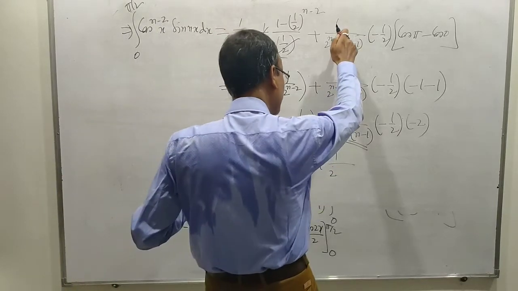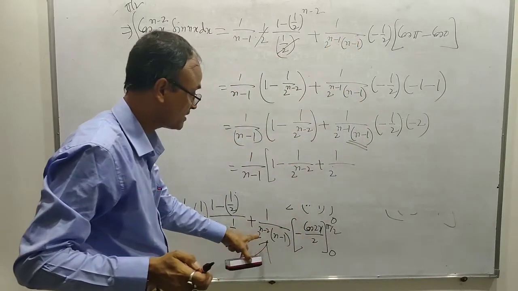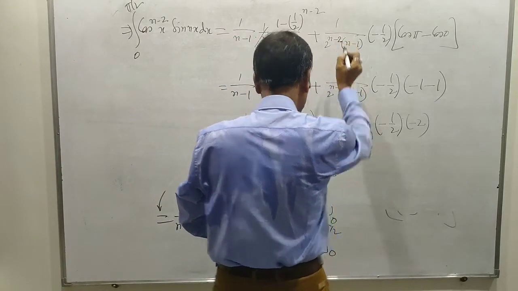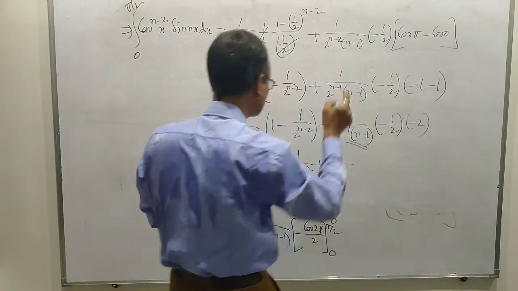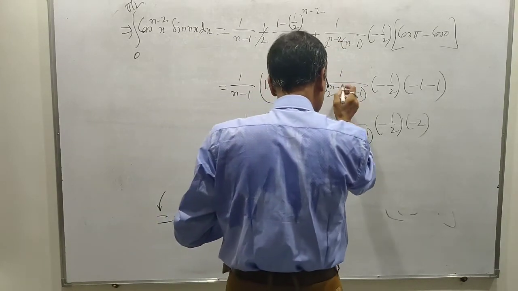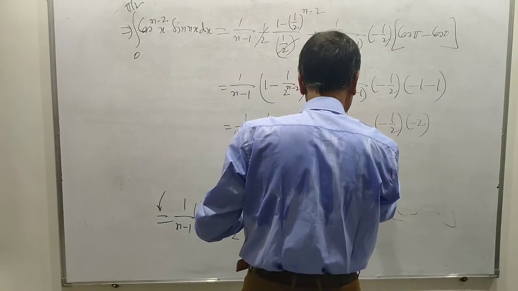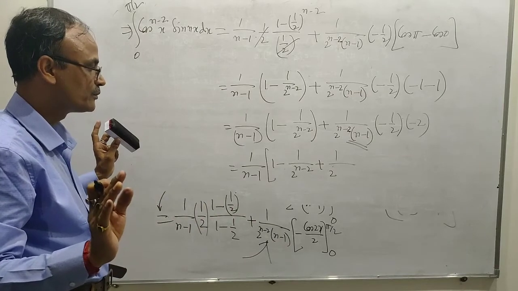But I wrote here 2 to the power n minus 1. It was 2 to the power n minus 2. Please correct it. Here 2 to the power n minus 2, it should also be 2 to the power n minus 2.